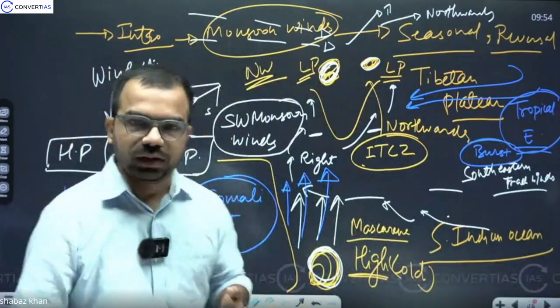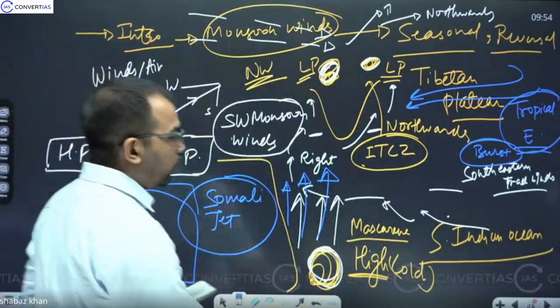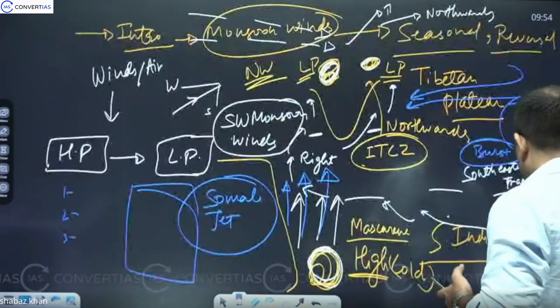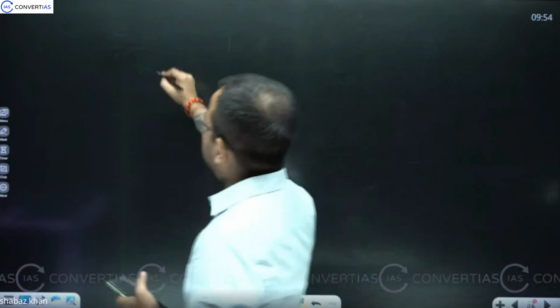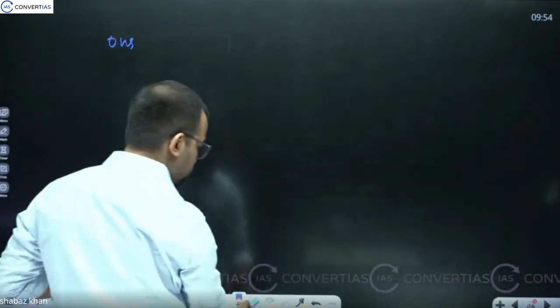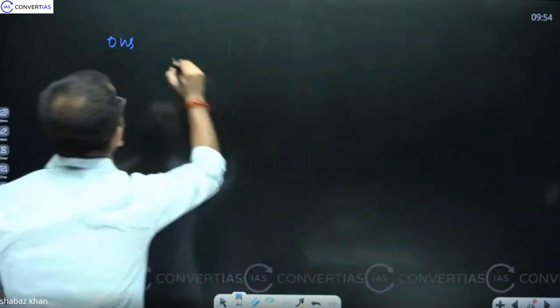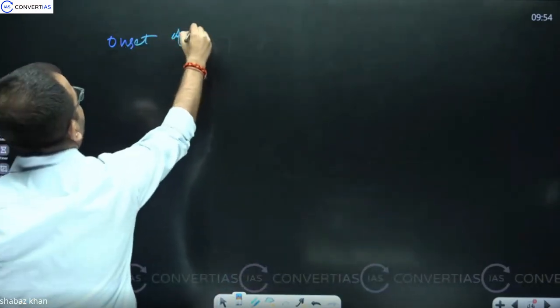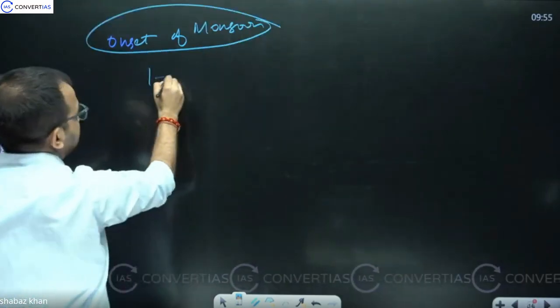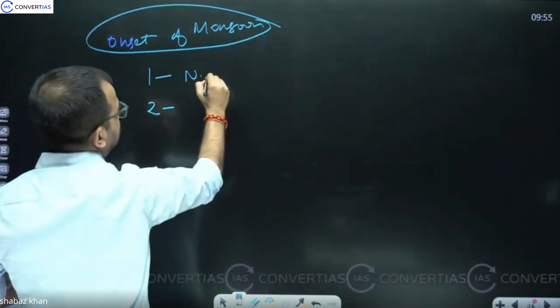Don't over-explain things. Let us say you want to write this particular answer. You can explain the onset of monsoon by respective stages. What are those stages? Northward movements.